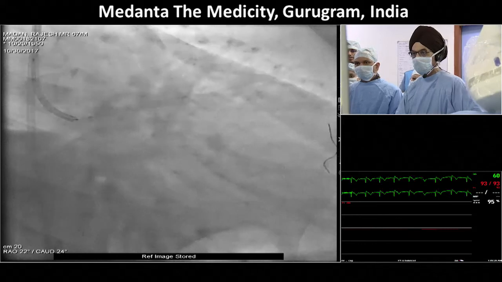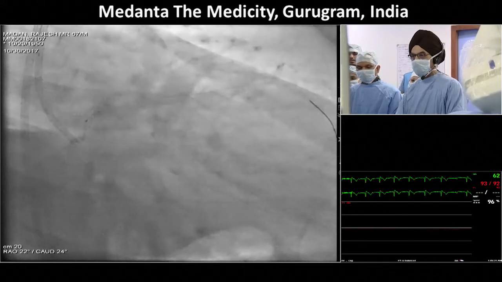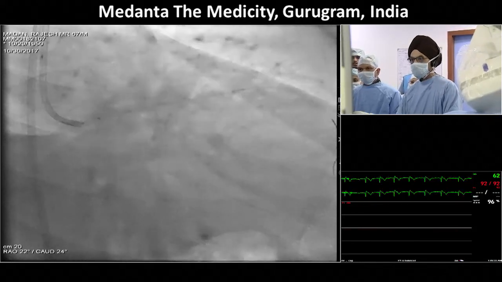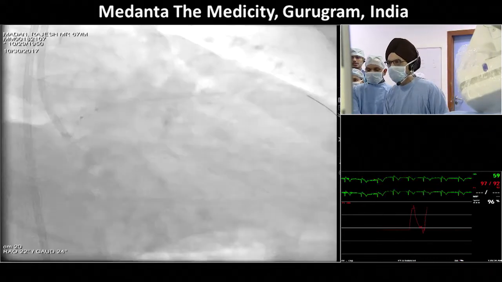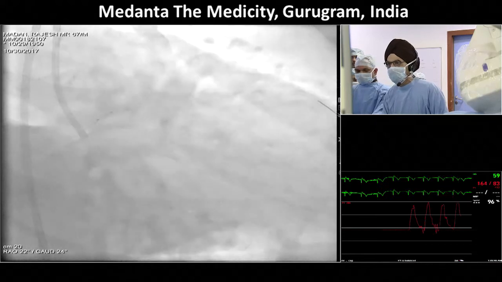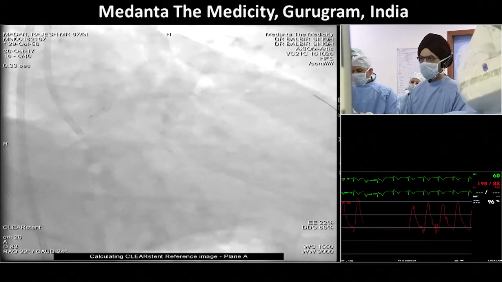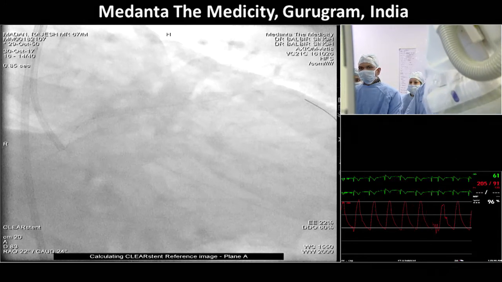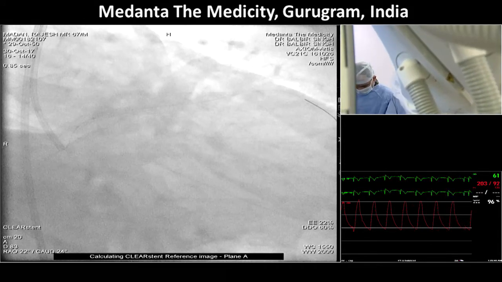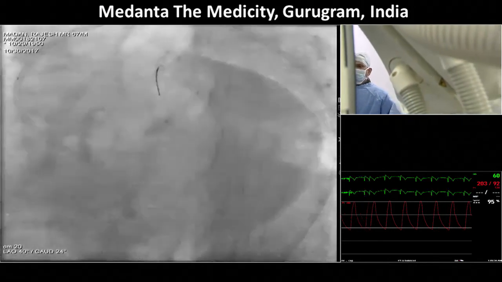What size balloon is it? I have taken a 4.5 into the left main. You're doing flaring, like? Yes. Heliocaudal.